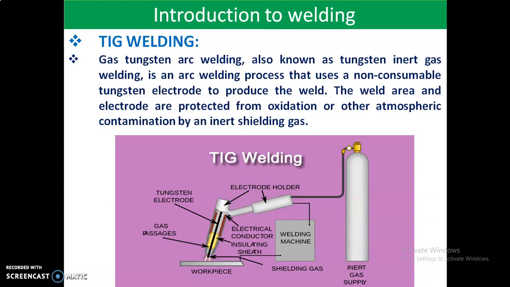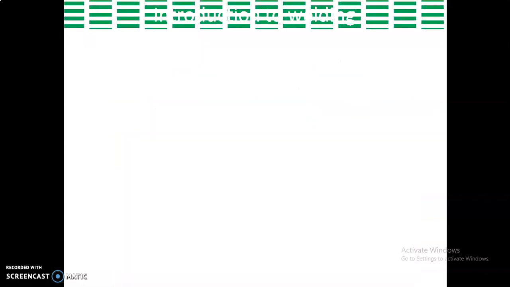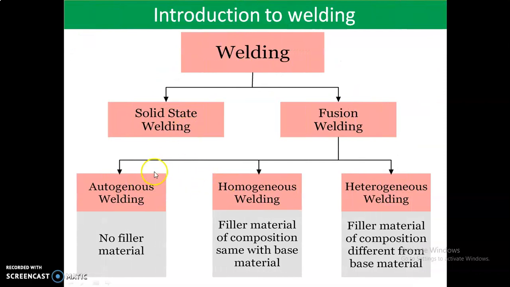Now let us see the classification of the welding process, or types of welding process. We have two types of welding process: solid state welding and fusion welding. In fusion welding, there are three types: autogeneous welding process, homogeneous welding process, and heterogeneous welding process.